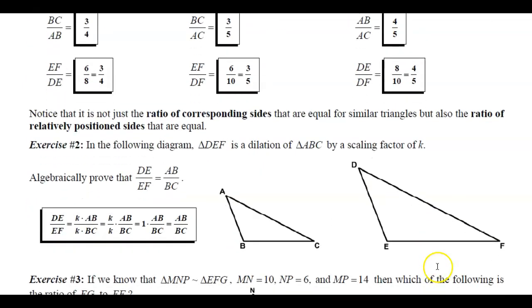Okay, exercise 2. DEF is a dilation of ABC by scale factor. Algebraically prove that DE over EF is equal to AB over BC.